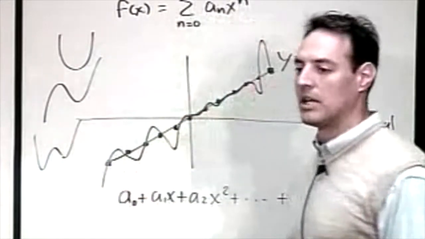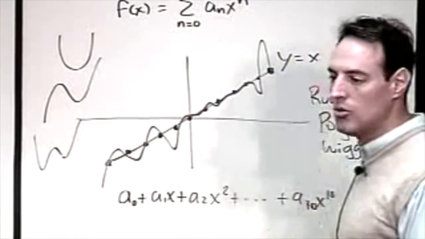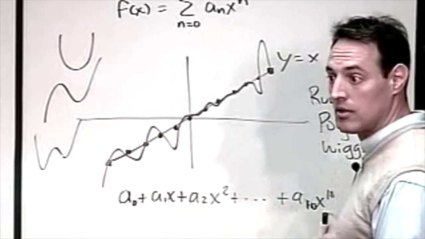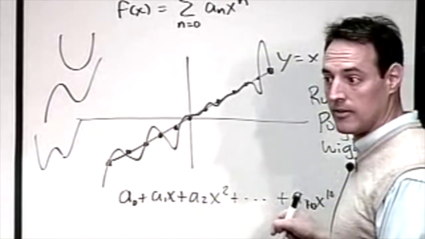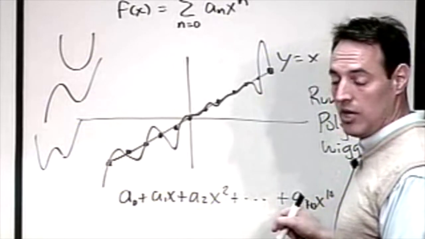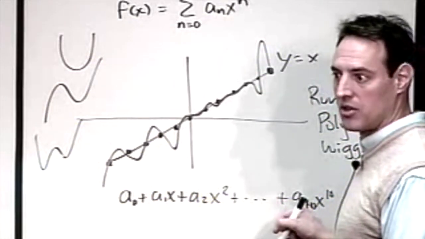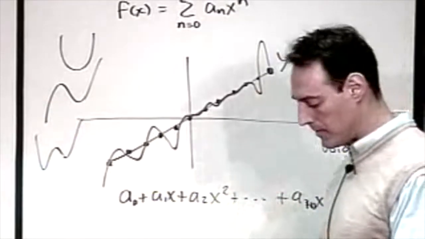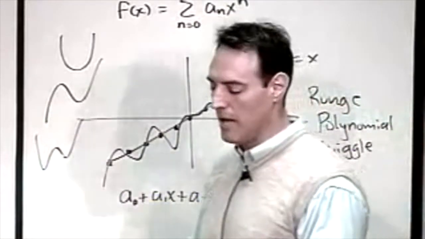And what ends up happening is, when you actually do this, in fact, it gets worse and worse, right? You keep adding number of points. Suppose I have 20 points in there. Then I have a 20th degree polynomial. It's going to have 19 minima and maxima. And let me show you what happens.